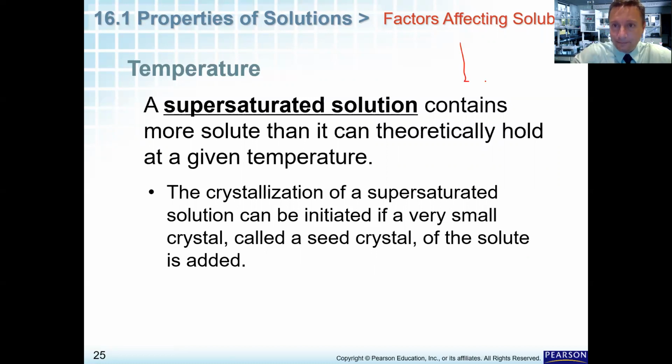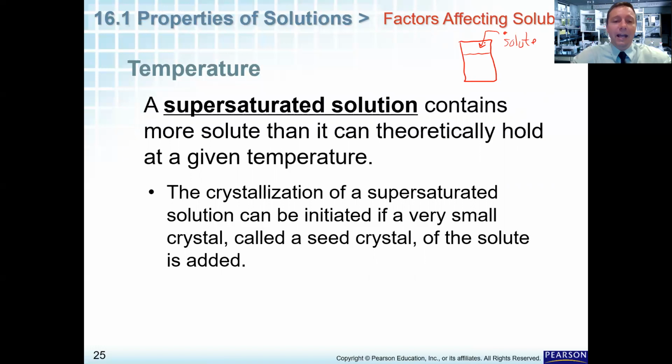Once again, if you have this container here and there's nothing on the bottom, you take a little bit more of the solute and you drop it in. If you drop that little bit of solute and it disappears, that means it was an unsaturated solution. But if you drop that little bit of solute into that solution and all of a sudden you have this formation of a precipitate, that tells you it was a supersaturated solution.